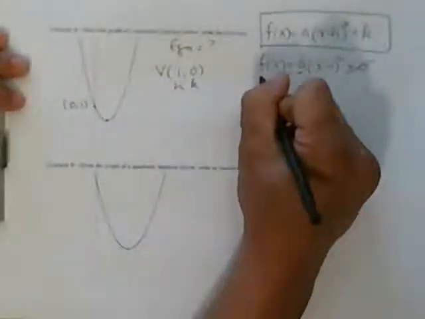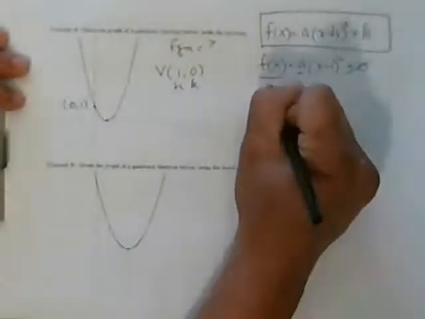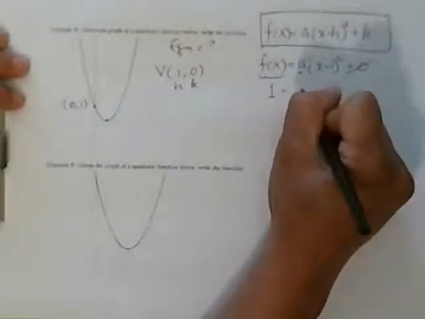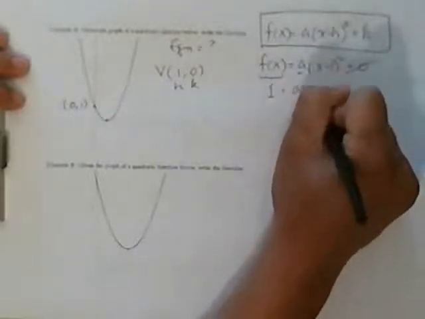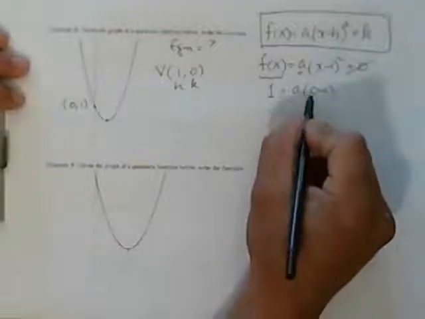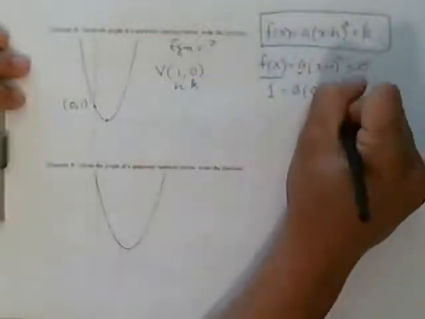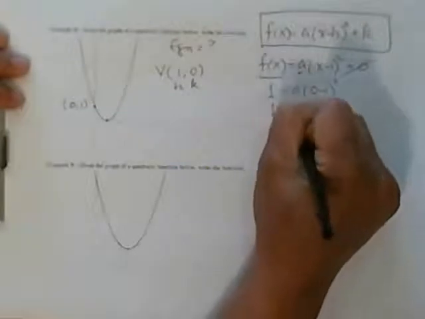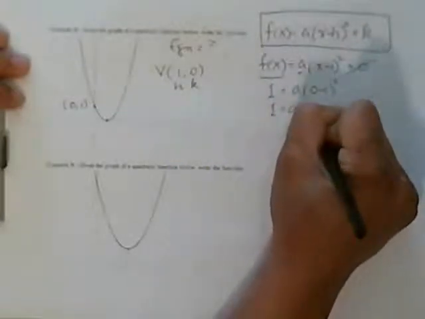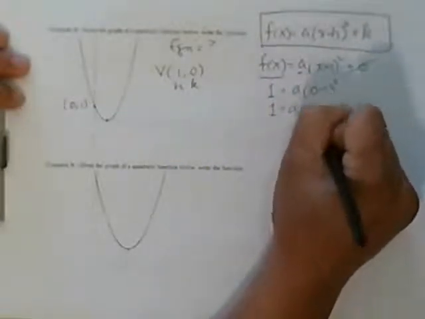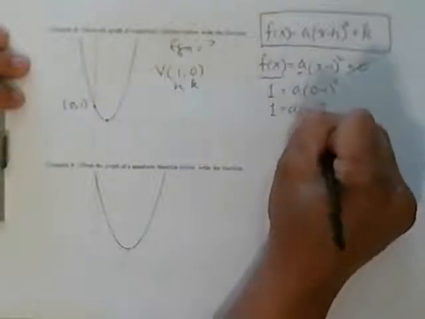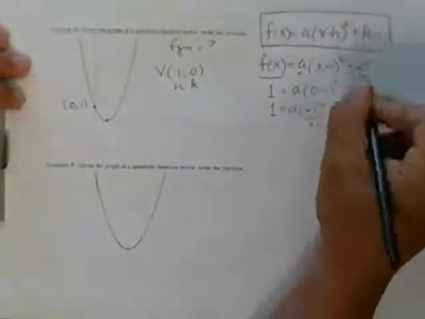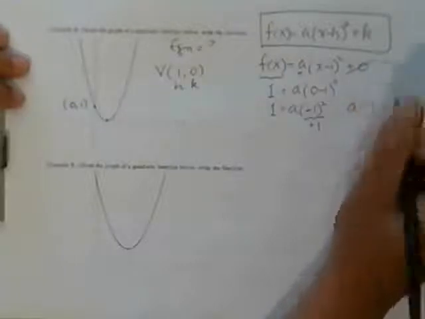So we're going to plug it in. That's your y value. 1 is equal to a times 0 minus 1. That's your x value squared. So if I distribute that out, 1 is equal to a times 0 minus 1 is negative 1 squared. Negative 1 squared is positive 1. So our a becomes 1.